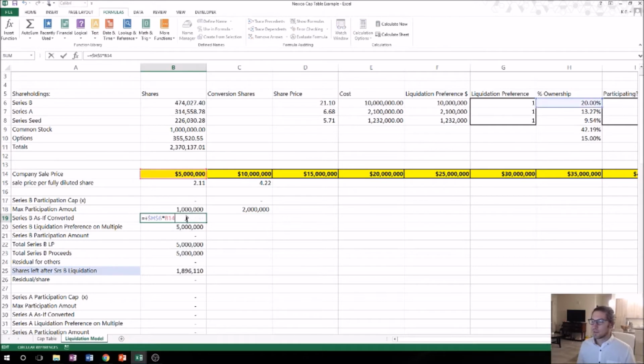Then we'll do as if converted. As if converted is simply the ownership percentage times the company's sale price. So we'll do ownership percentage multiplied by the company's sale price. And in this scenario, we will lock in the ownership percentage.